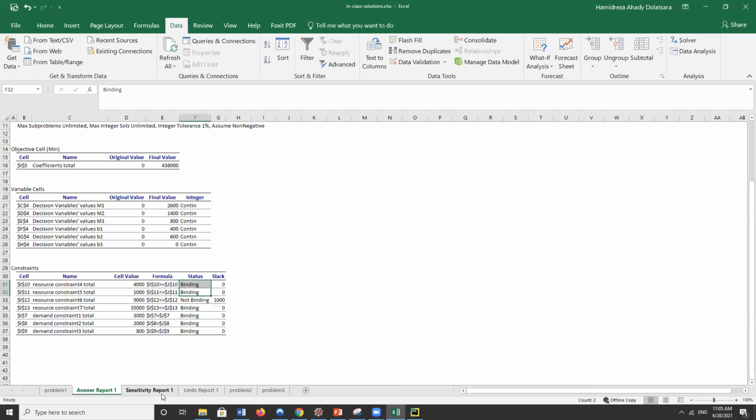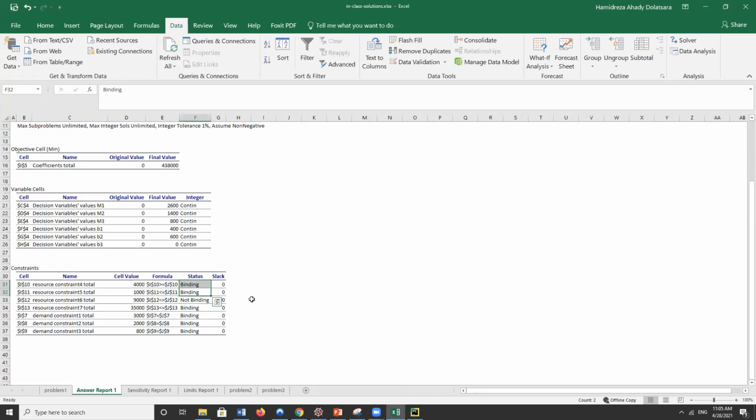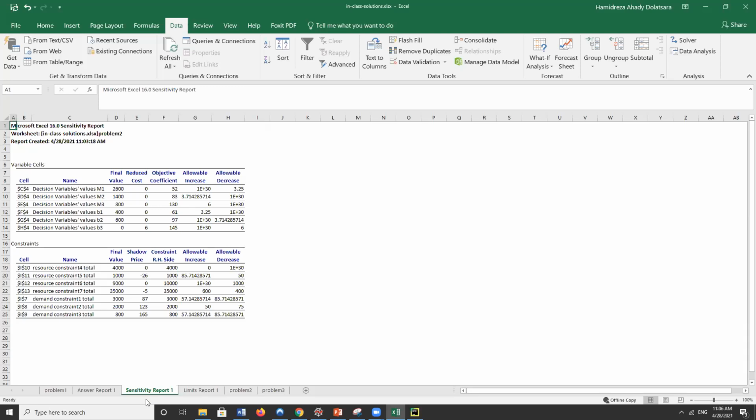Whenever you see a slack, it means that constraint is not active in the final solution. The final point has the intersection of these 4 plus 2, so 6 lines intersect each other and made that optimal point. The allowable increase and decrease are okay.